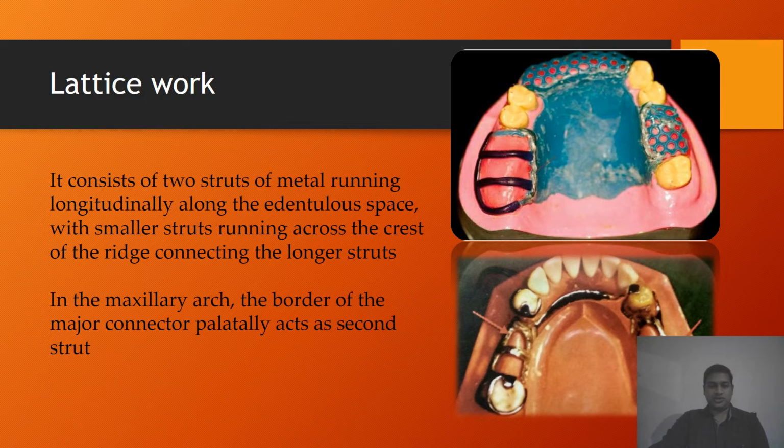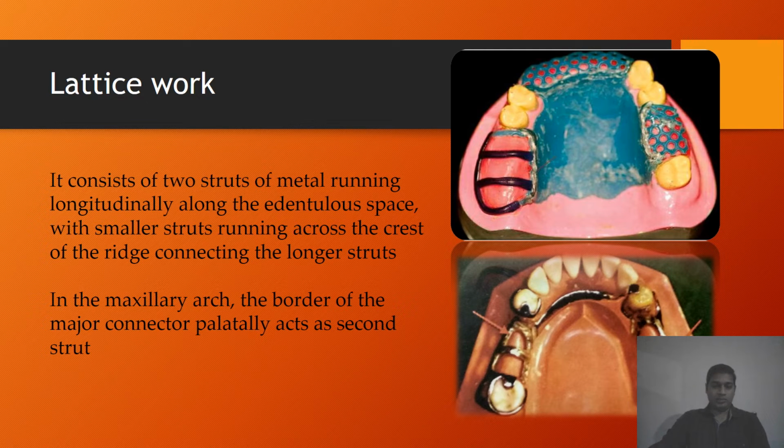One runs longitudinally along the edentulous space, and the other runs on the other side. These two longitudinal struts are joined by smaller struts that run across the crest. The space between the anterior and the posterior struts depends upon the tooth to be replaced.